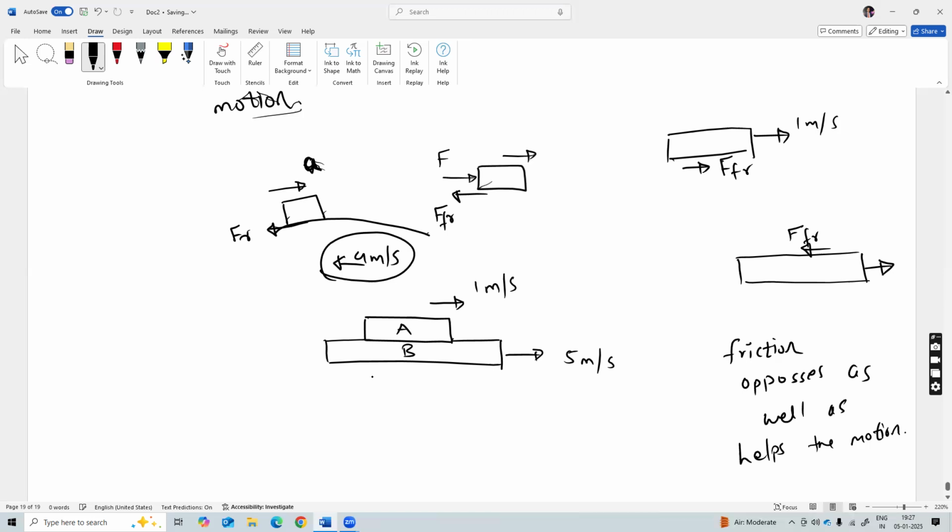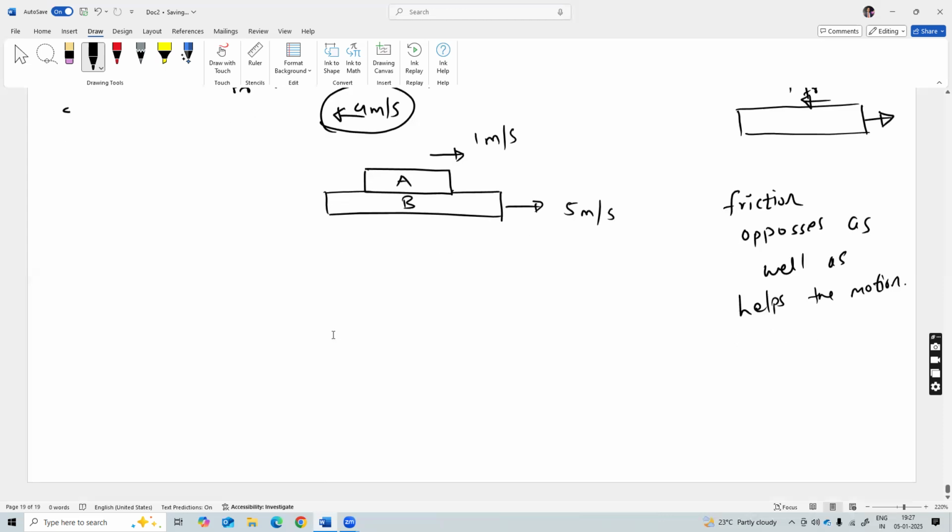Whereas in the case of ground, if there is one object moving with velocity v meter per second, then of course the friction will oppose the motion. Therefore friction can both help as well as oppose the motion. But frictional force always acts in the opposite direction of relative motion, that you should be aware.